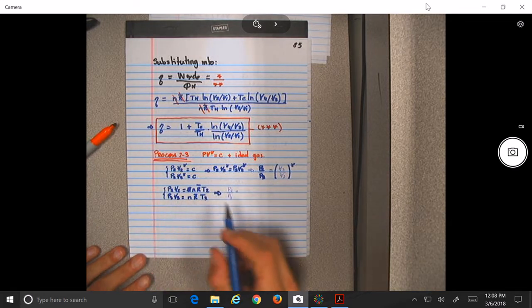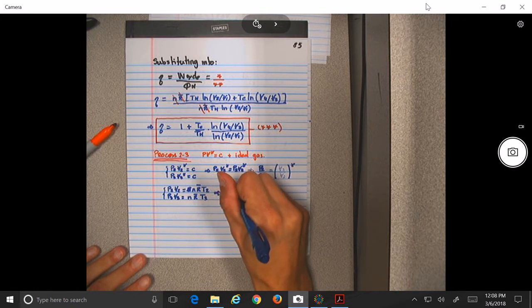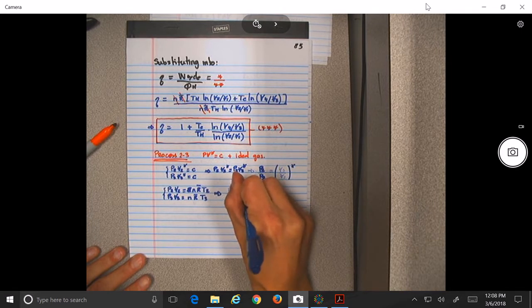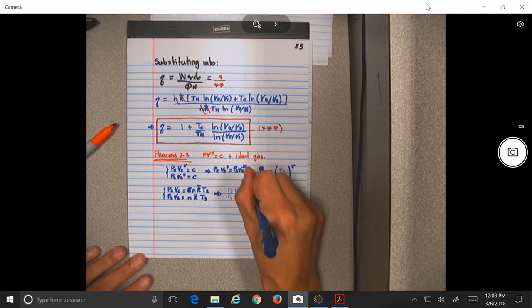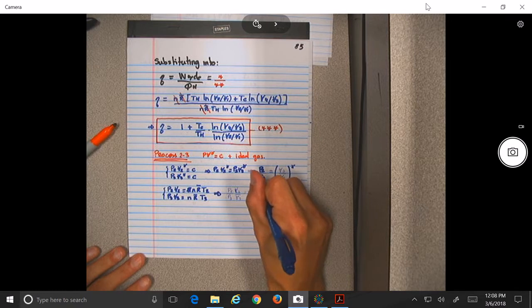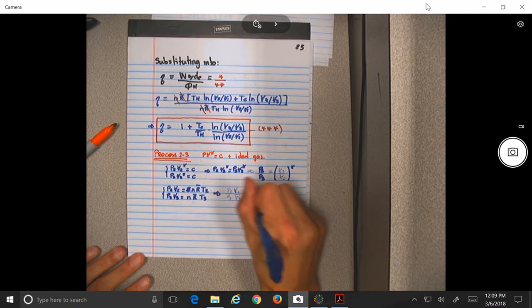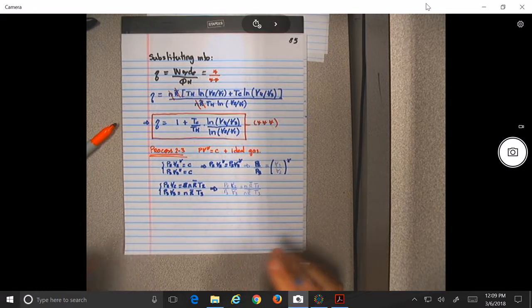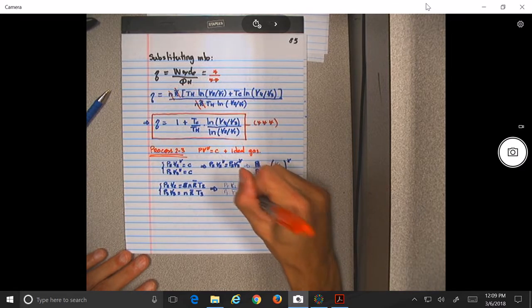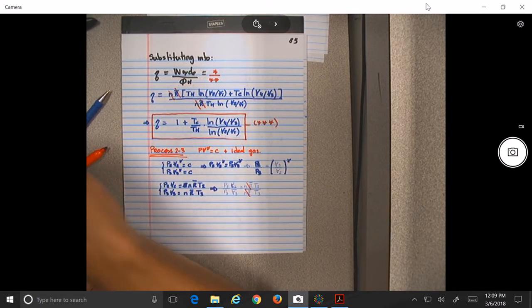So we have P2 V2 over P3 V3 equal to NR T2 over NR T3. Here, what's going to happen to the NRs? They cancel out.